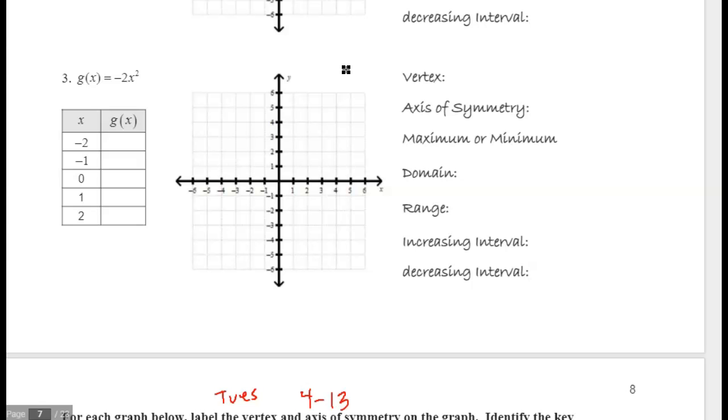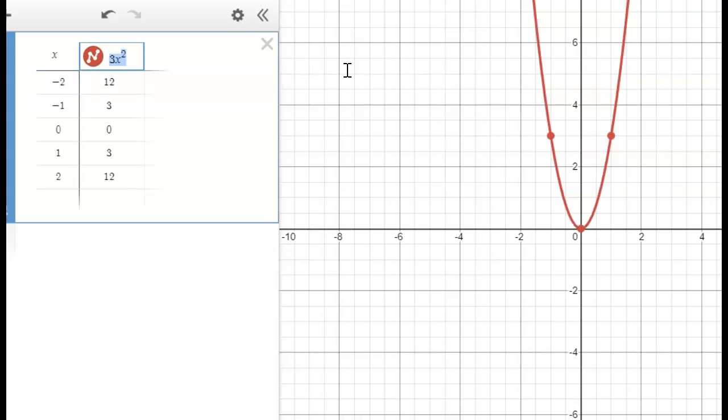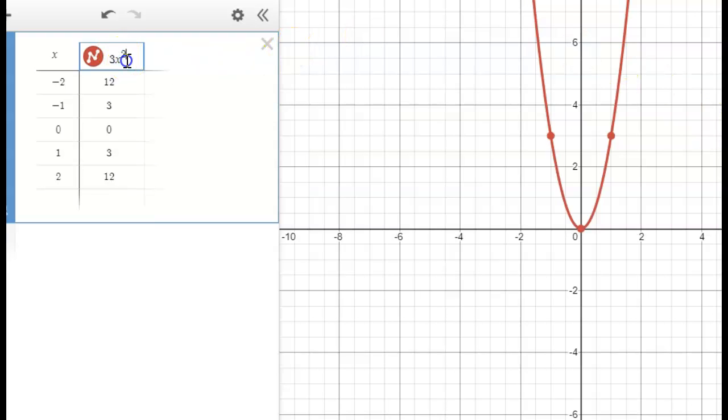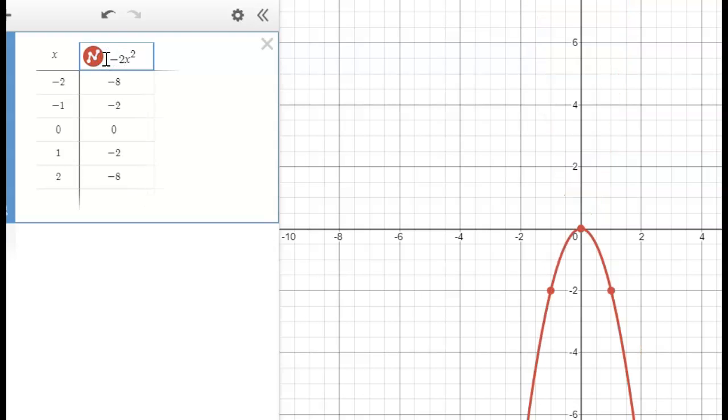So the thing you need to watch here is this negative 2x squared. So now I come over here and switch this to negative 2x squared.